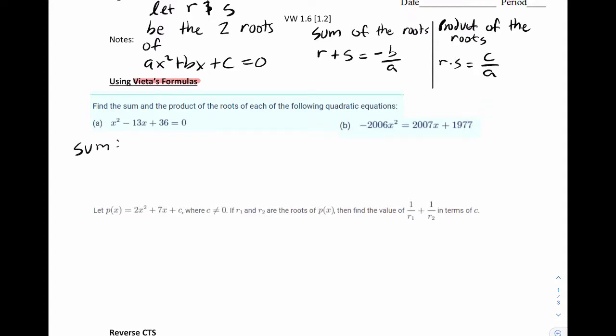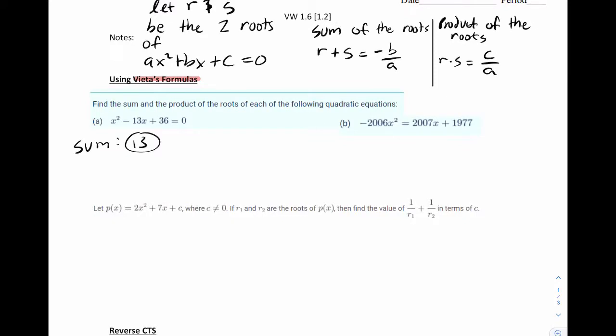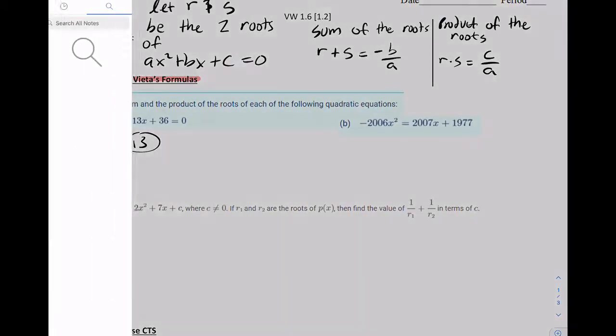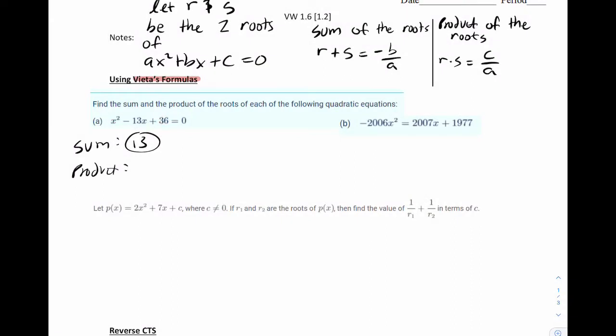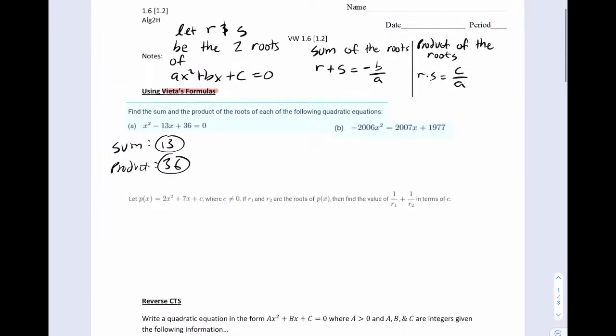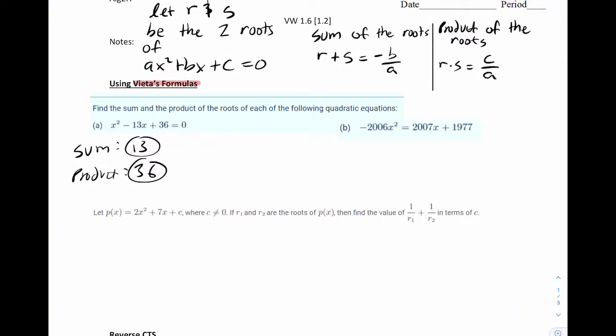The sum right here, let's do opposite b, so negative 13 over a. The sum is 13. Done. The product, that's going to be your c over a. That's 36 over 1, and that's going to be 36. Now for b, for this equation, we want to manipulate it a little bit first. We want there to be a 0.